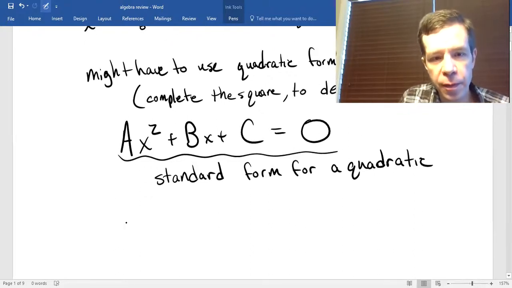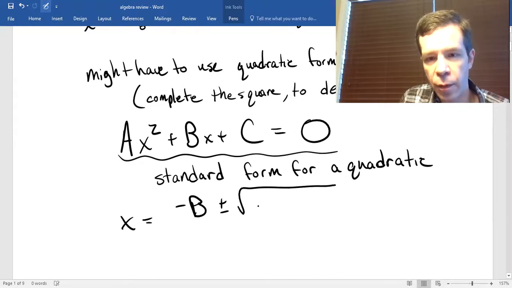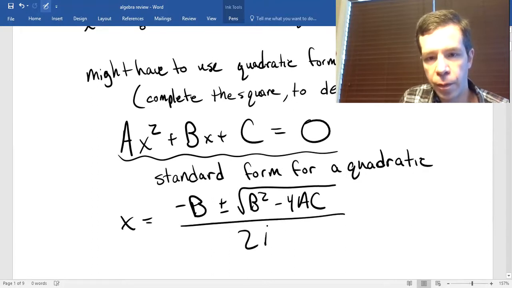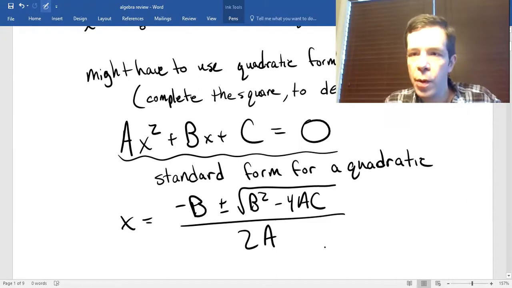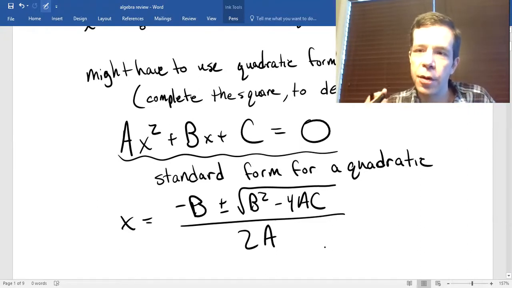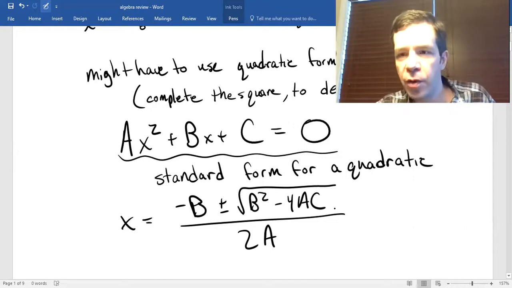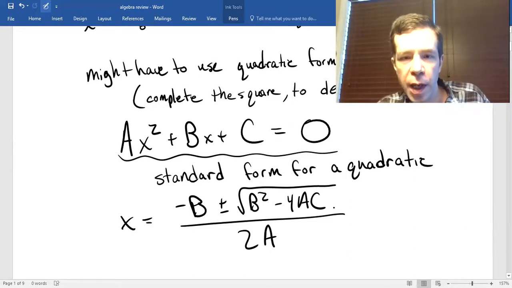If I solve this for x, I get negative b plus or minus the square root b squared minus 4ac all over 2a. So we need to be able to look at our position equation, plug in some numbers, and solve for time.